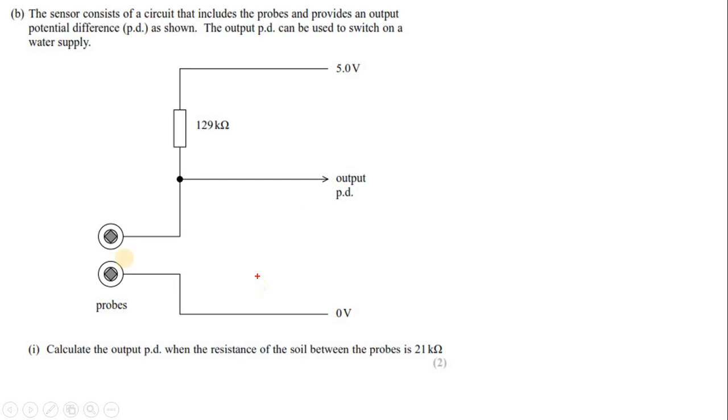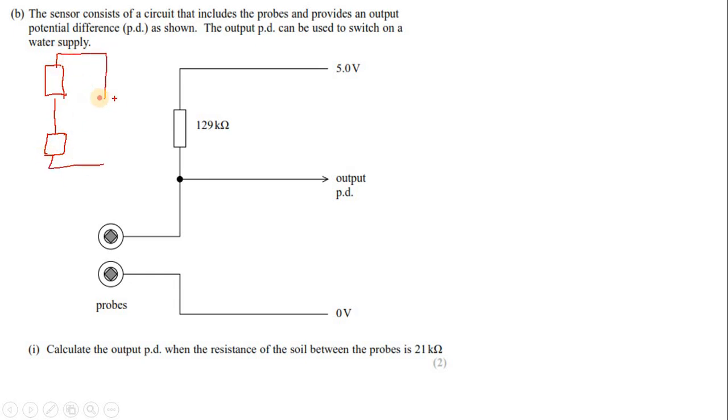So this is the probe here, and this probe are connected with some resistance, and this is 0 volt potential difference and 5. And if you see this, this whole circuit is basically a potential divider in which we use two resistors in series connected with some power supply.